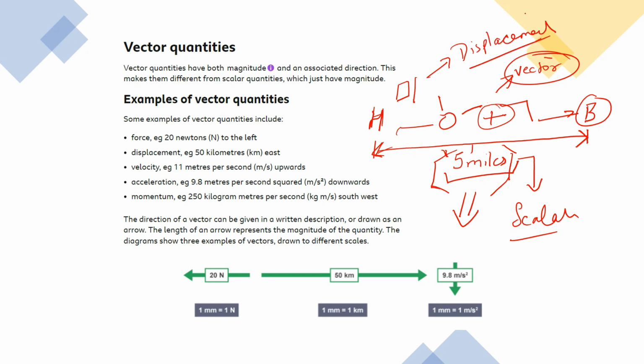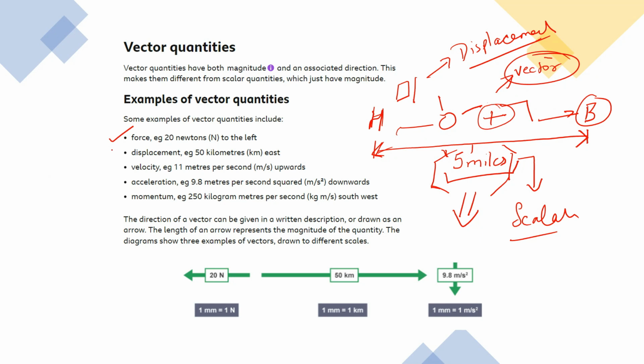Okay, which has a magnitude as well as direction. Distance is a scalar quantity, but displacement is a vector quantity. Similarly, any physical quantity which carries a direction with the magnitude becomes a vector quantity. For example, force.